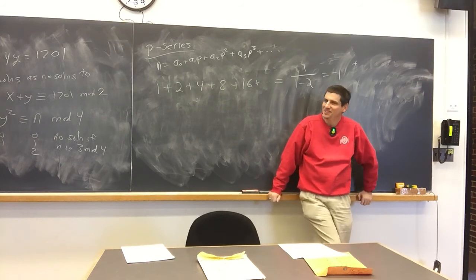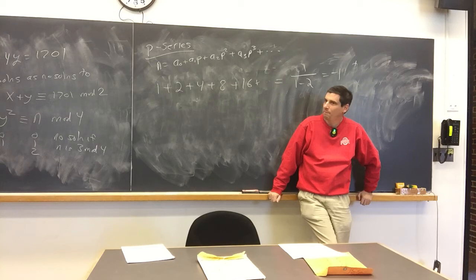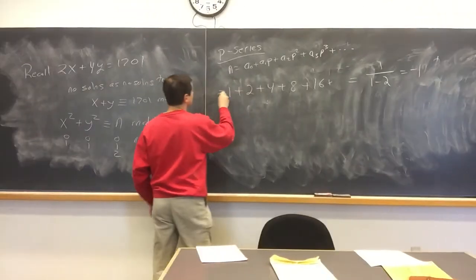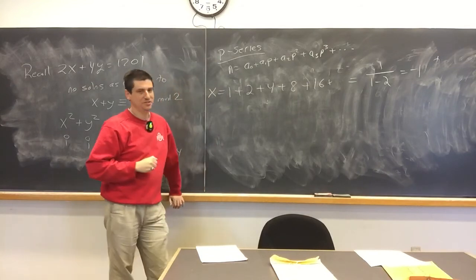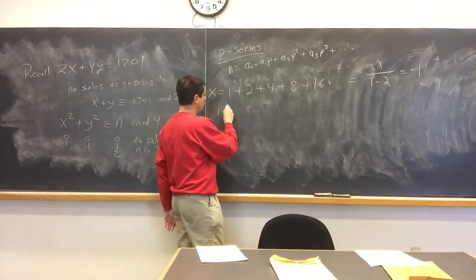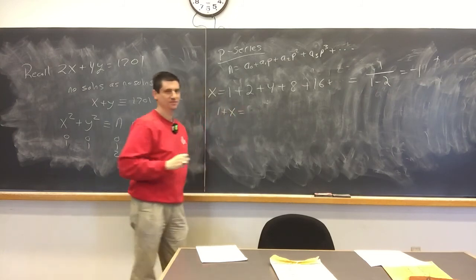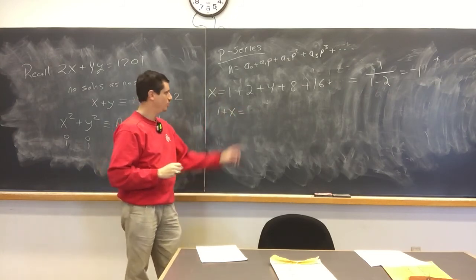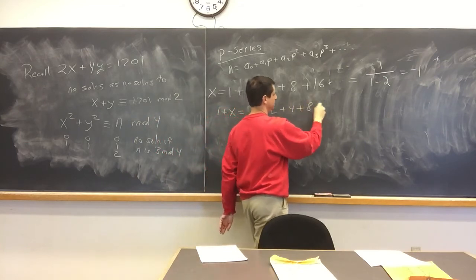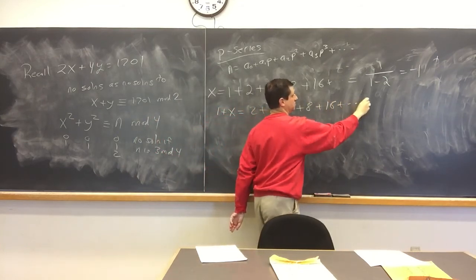Kind of makes sense because it's always going to be 2 to the n minus 1. Well, let's call this number x. What's 1 plus x? Well, that'll be 2 plus 2 plus 4 plus 8 plus 16.